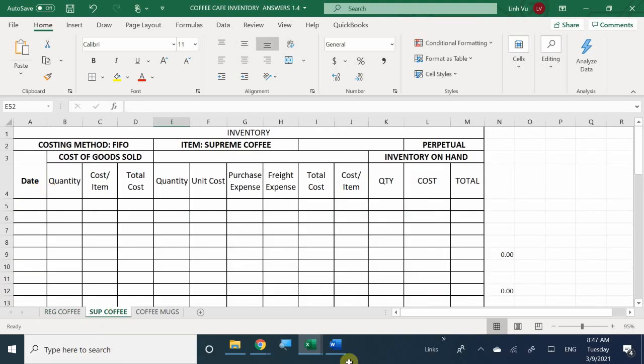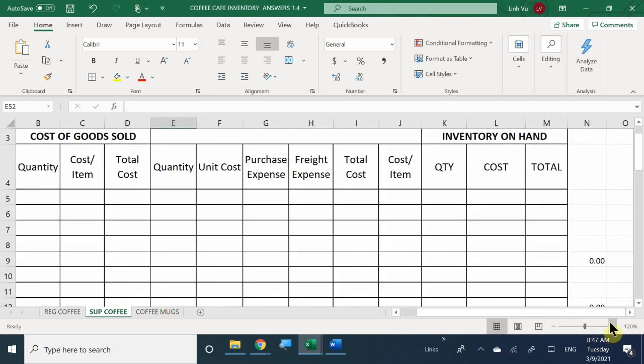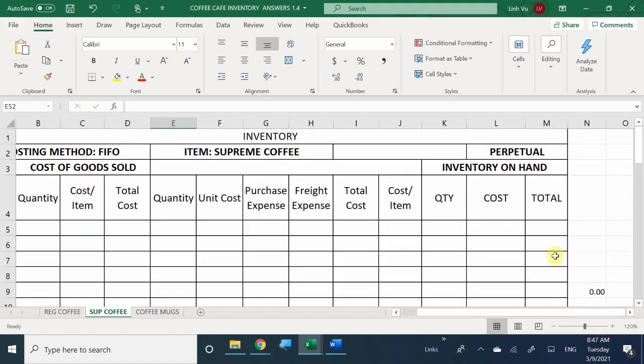So we're going to pause here and I'm going to enter in the supreme coffee. Same thing here. I'm going to pull this a little bigger so you can see it. So we have June 12th. We made a purchase of 125 pounds.